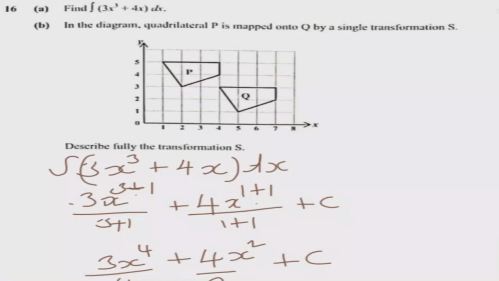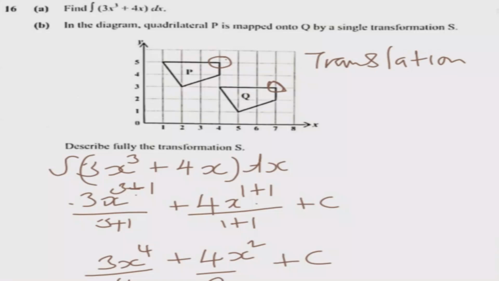Let me mark this position, and these positions are corresponding. First of all, since the diagrams are sitting in the same position and there's no turning, that means we can say this one is a translation. The type of transformation is translation.